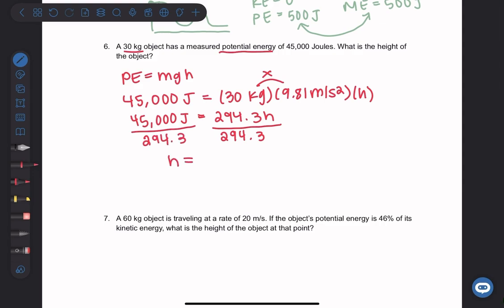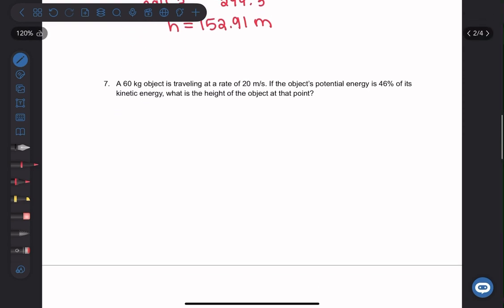And your height should be around 152.91 meters. Next one.